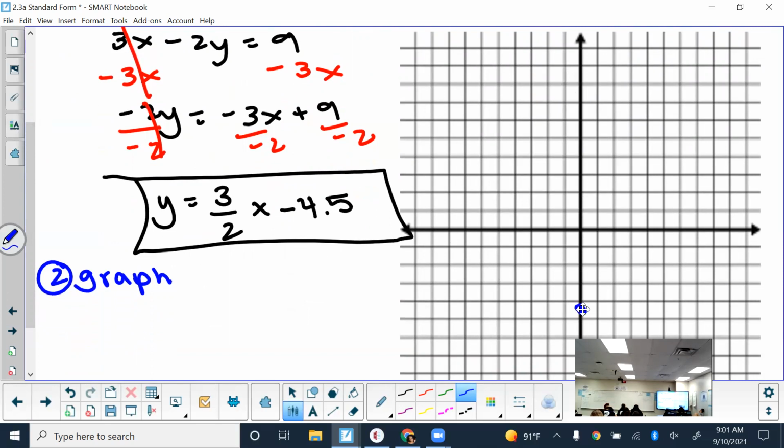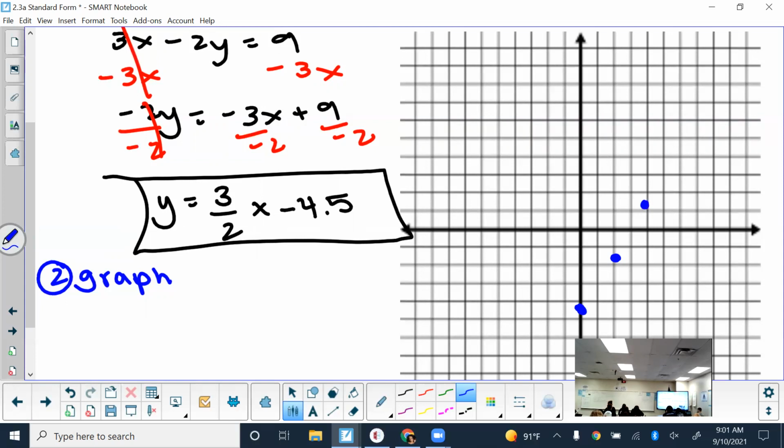And then use your rise over run to find your next point. So we're going up 1, 2, 3, and to the right 2. Remember, it's like in that halfway mark, so we'll be right here. 1, 2, 3 to the right 2. Then again up 1, 2, 3 to the right 2.